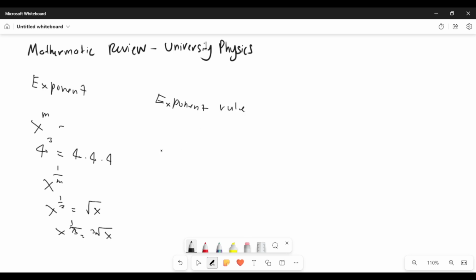In mathematical operations, we have several rules. The first rule is called the product rule. For example, here is x raised to the m multiplied with x raised to the n, and what we'll get is x raised to m plus n.